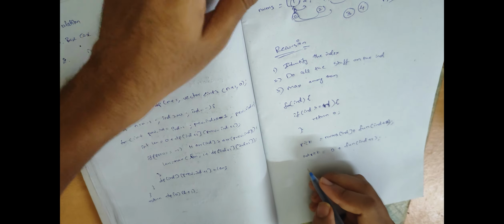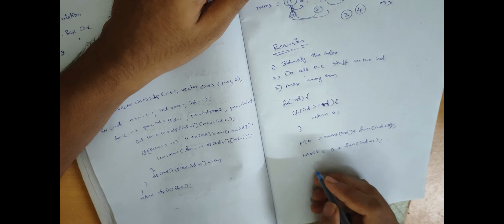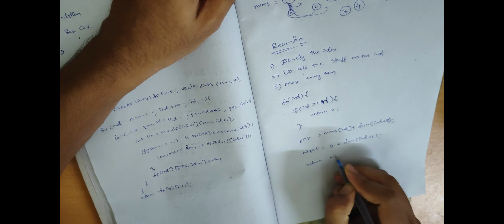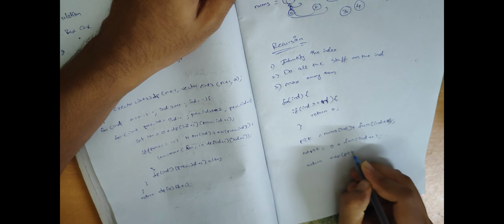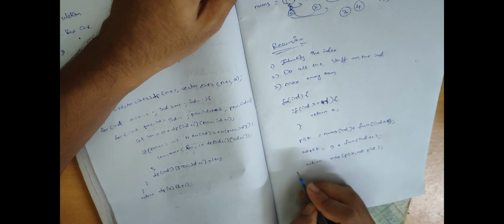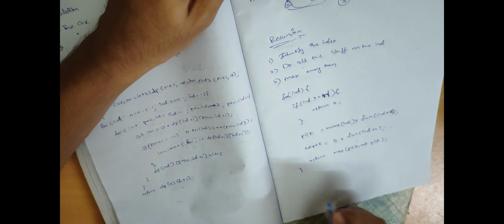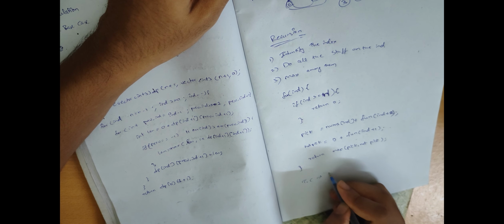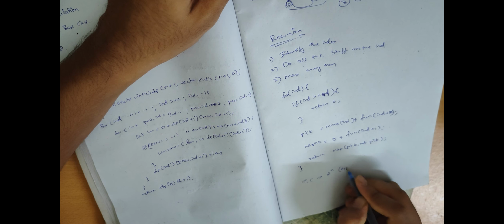They've asked for the maximum amount of money the thief can rob from the houses, so return max of pick, comma, not pick. You will get the answer. The time complexity is O of 2 to the power n, exponential.